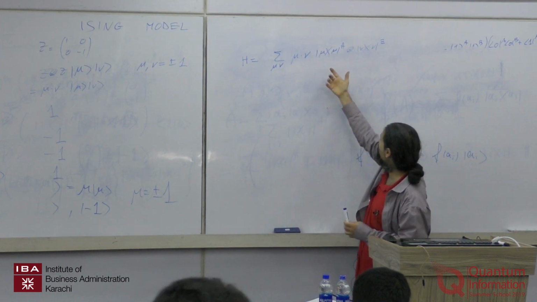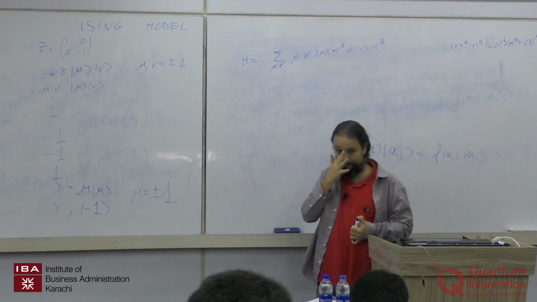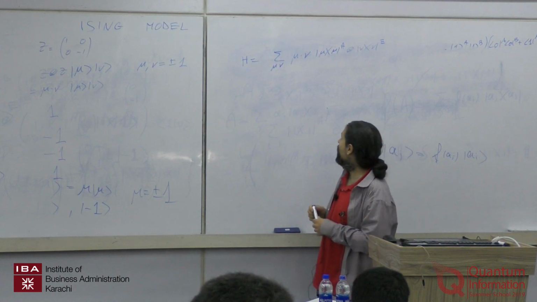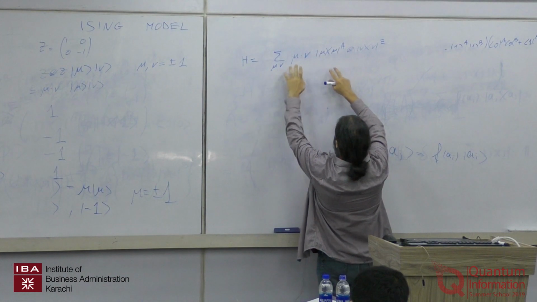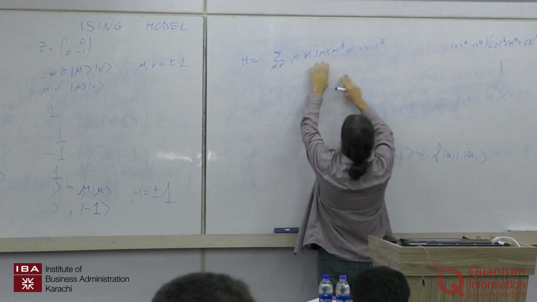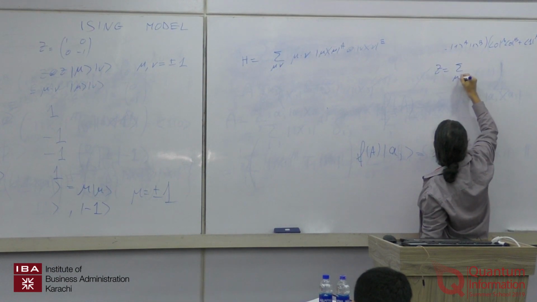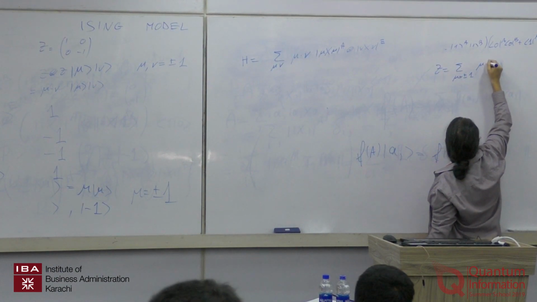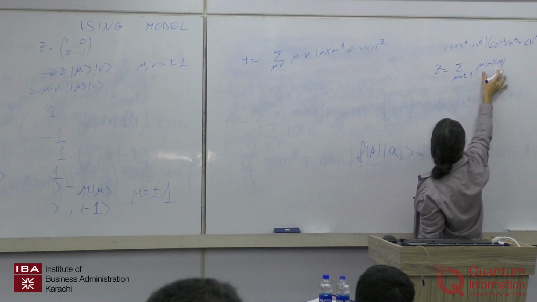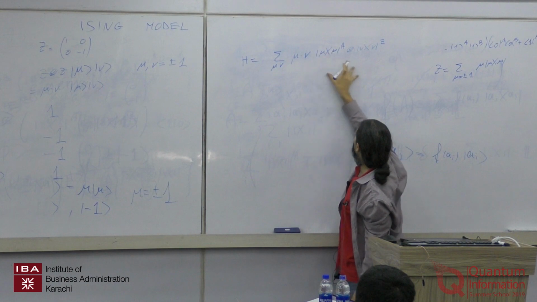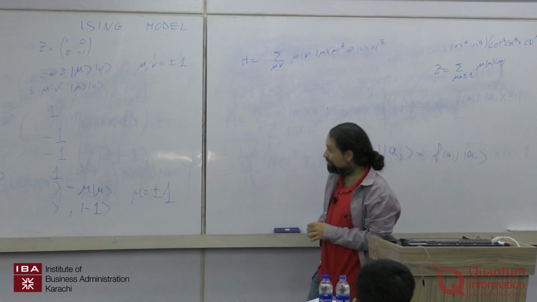You have to take the projector over each eigenstate, right? You can also see that you can separate the sum over mu: Z is equal to the sum over mu equal plus or minus 1 of mu times the projector on mu. So you can directly plug this decomposition here, you get Z, and here you get Z, and you get the double sum. So that's another way to see it.